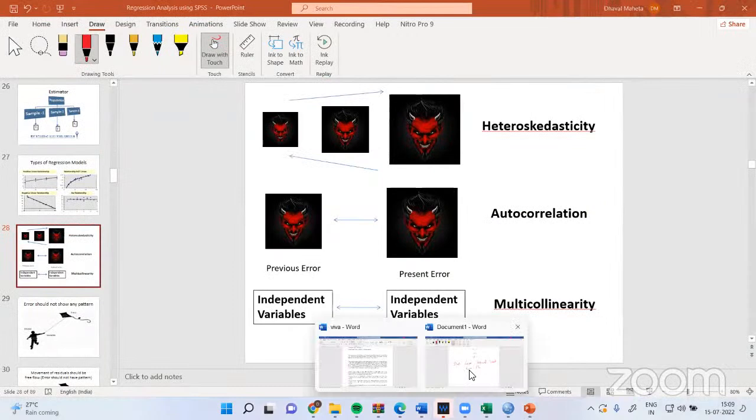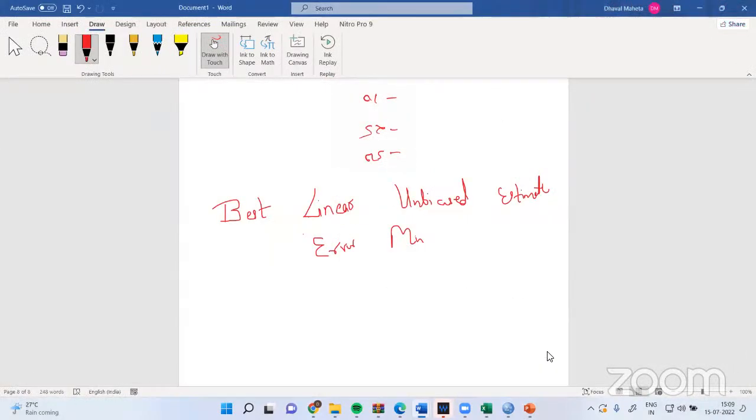For example, in my model, I have included blood pressure equals 120 plus 1.1 times age plus 0.3 times weight plus 0.6 times BMI.